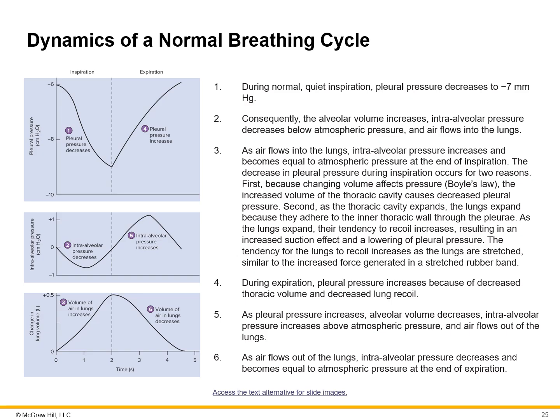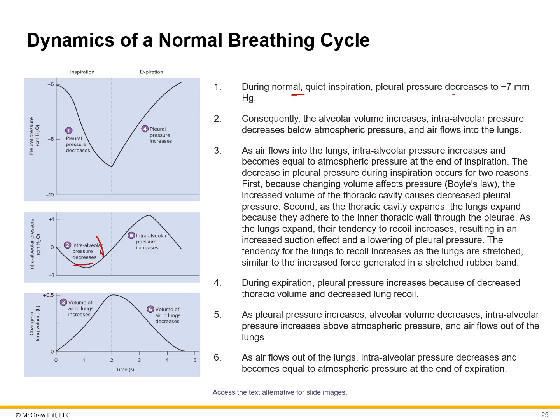All right, now if we look at a normal kind of breathing pattern here and what's happening with this pressure. During normal quiet inspiration, again, that pleural pressure is going to decrease. Then consequently, what's going to happen down here at 2 is that alveolar volume increases, then our alveolar pressure decreases below that, so air is going to flow into the lungs.